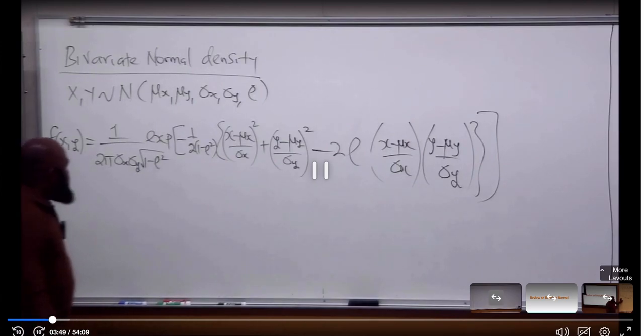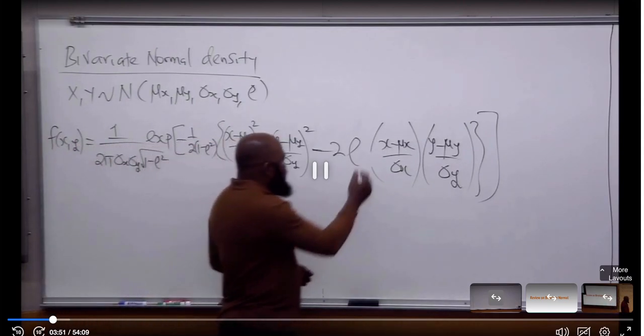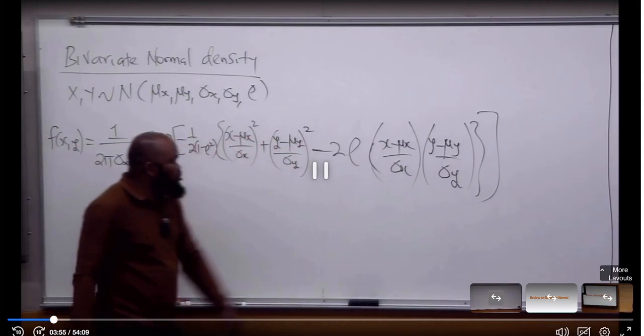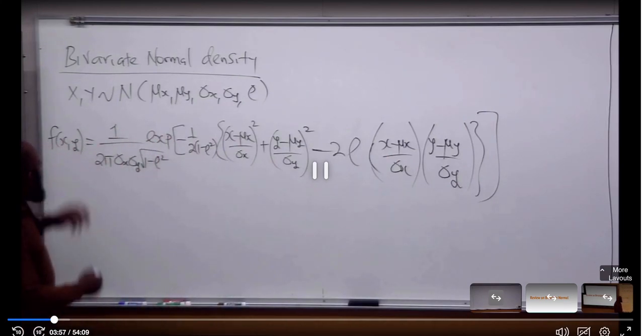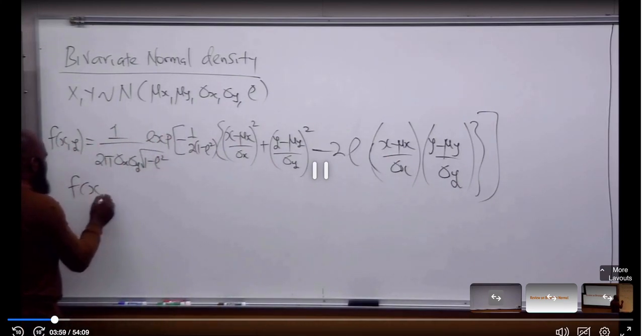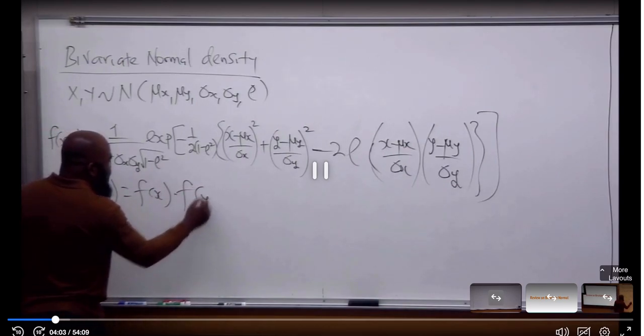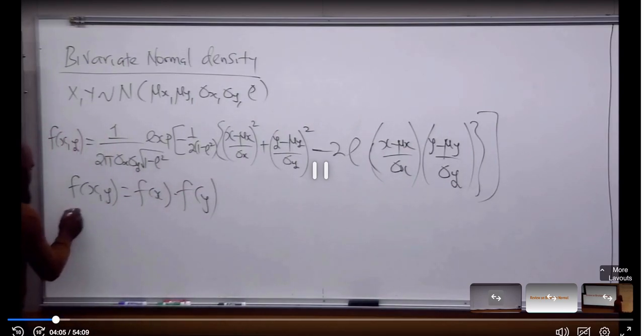And let me tell you the situation whereby rho, which is the correlation, equals 0. What you see here is just going to be f of x,y equal to f of x multiplied by f of y.